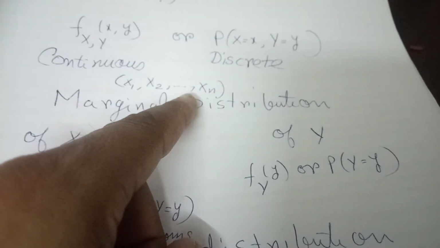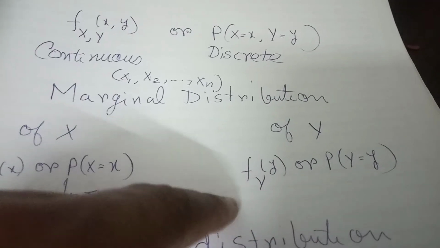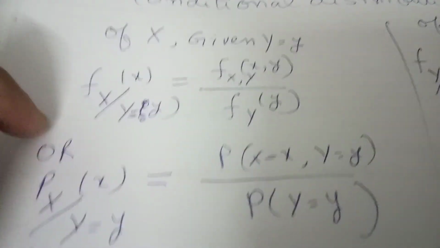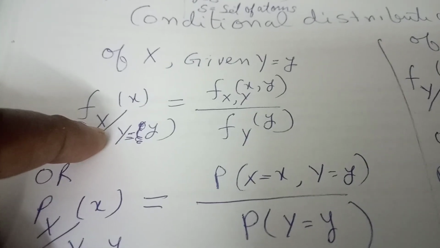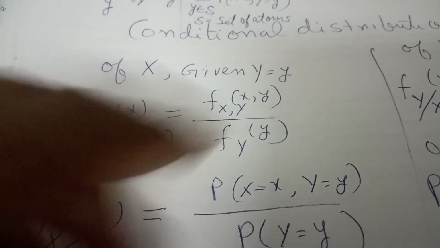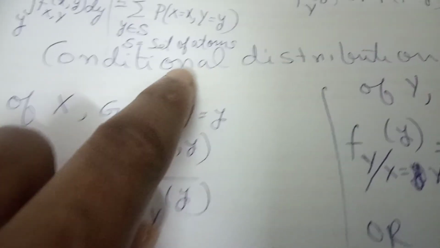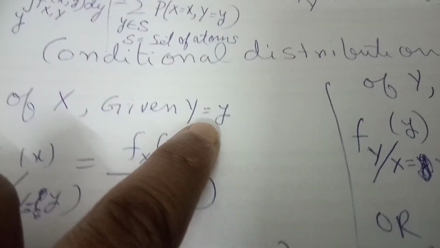Whichever is fixed, that will come in the denominator. I have written the formula of the probability density function and the probability mass function of the conditional distribution of x given Y equal to y.